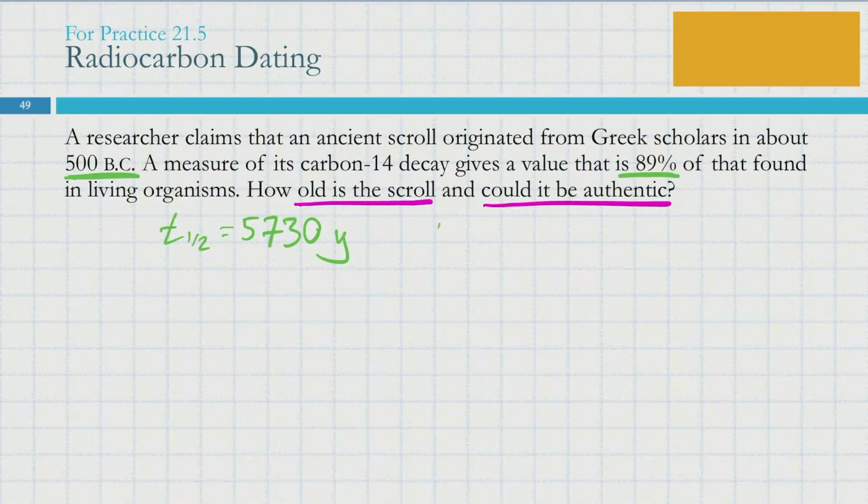Some other things that we've seen today: T1/2 equals 0.693 over K, and the natural log of, let's use N this time, the number of nuclides that we have at time t over the number of nuclides at time 0 is equal to negative KT.